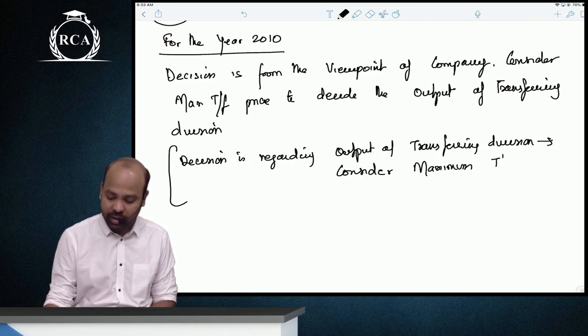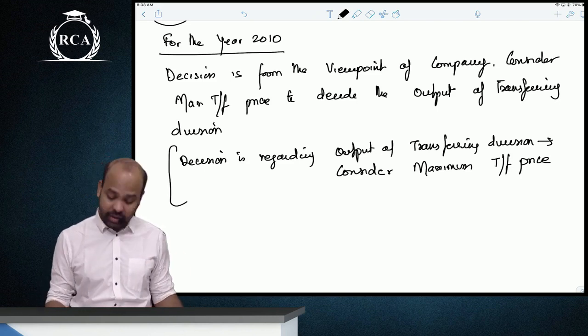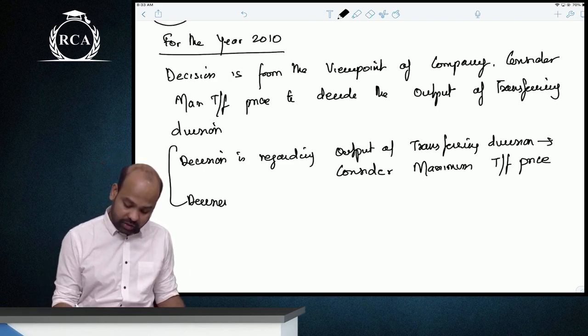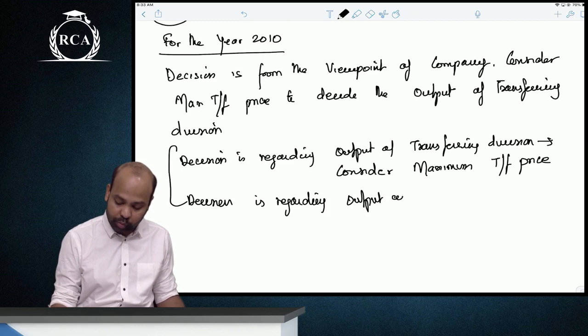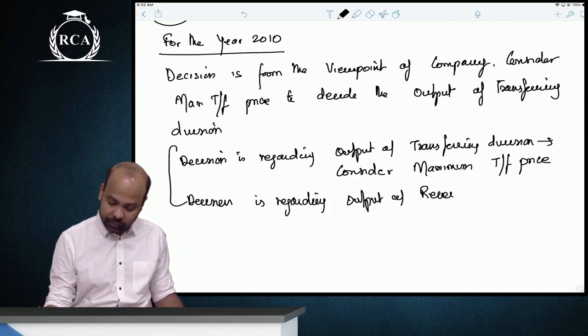We saw what was the maximum procurement cost for the other division and we took that for the purpose of decision making. If the decision is regarding the output of the receiving division, where we do not know what the output of the receiving division will be, usually it is the first case only.